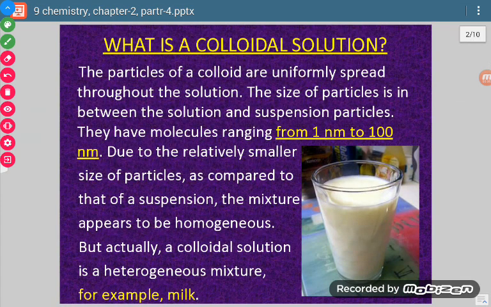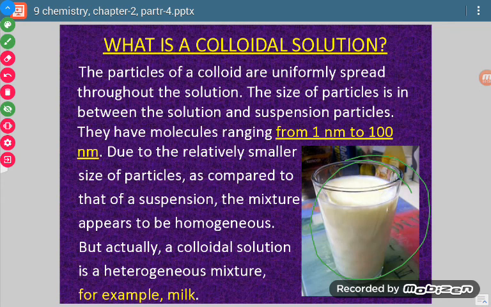Now see, what is a colloidal solution? The particles of a colloid are uniformly spread throughout the solution. Milk is an example of colloid.